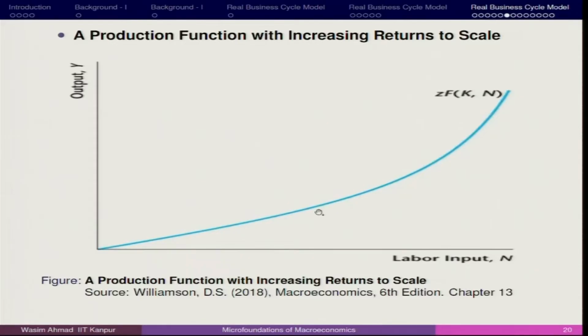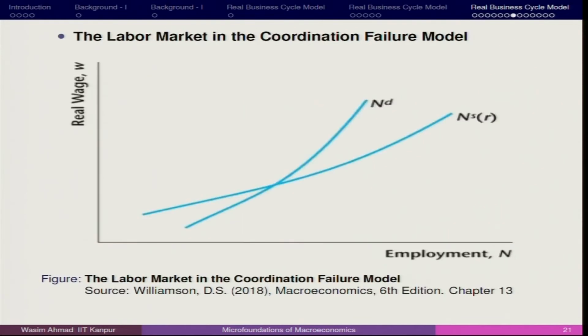So, this is what it says: the production function will have increasing returns to scale. This shows that you have output here and labor here. As you increase labor, your output increases by the same amount at first, but after some point it increases more than the input.